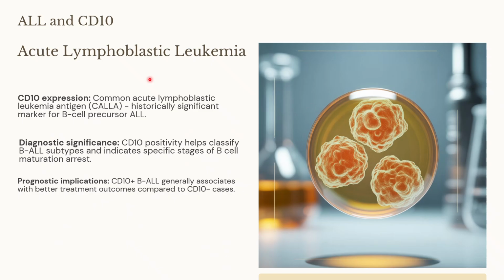Now let's turn to CD10, which is a key marker associated with ALL, acute lymphoblastic leukemia. First, what is ALL? ALL stands for acute lymphoblastic leukemia. Acute means the disease progresses rapidly. Leukemia means malignant proliferation of the WBCs.